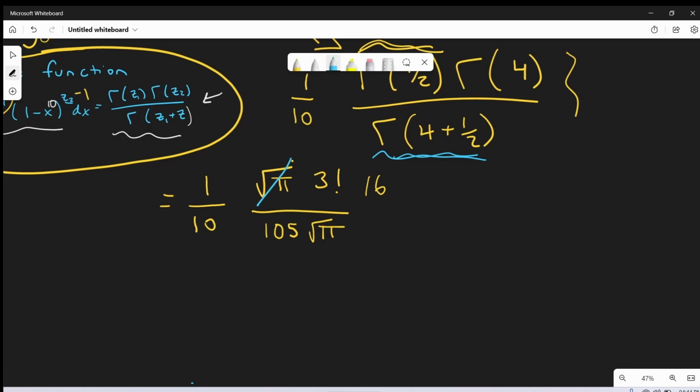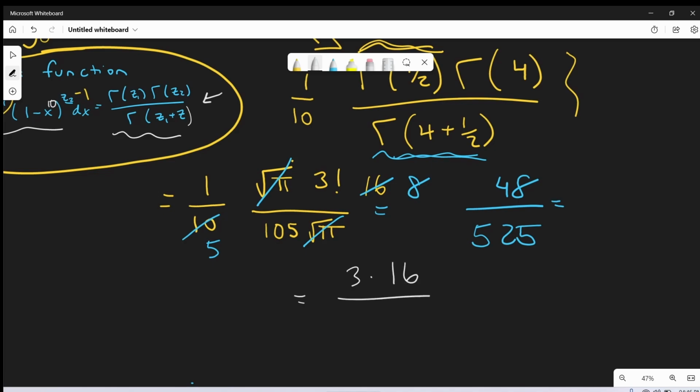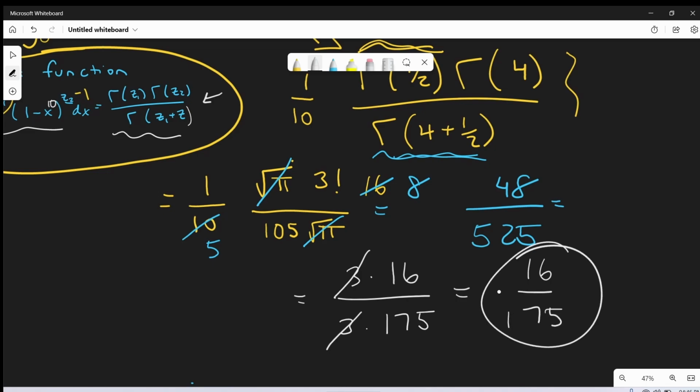So we can cancel, and maybe do a little more simplification. So we'll cancel a 2 here, and we have 8, and this is 5. Sorry, I forgot to cancel out a 3 somewhere. So 48 is 3 times 16. 525 is 3 times 175. Our 3's are going to cancel, and we're left with our final solution, 16 over 175.